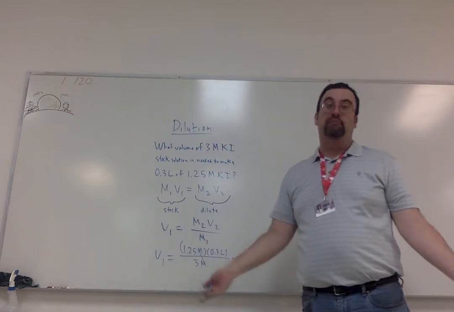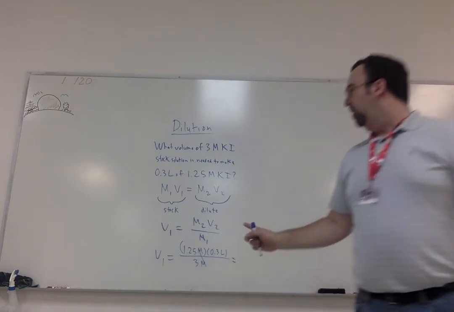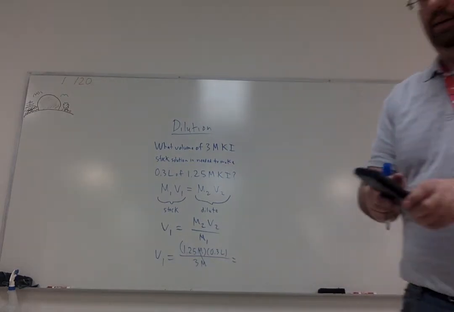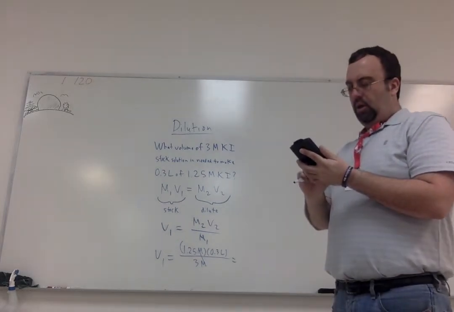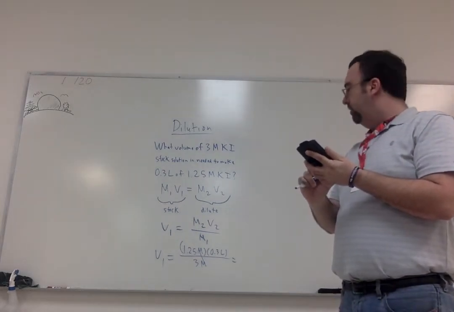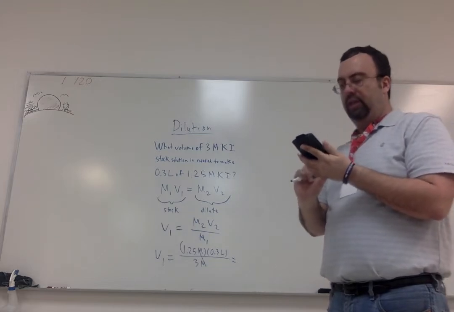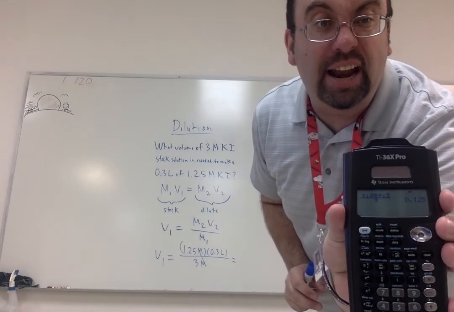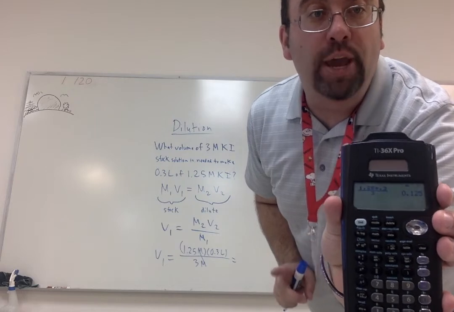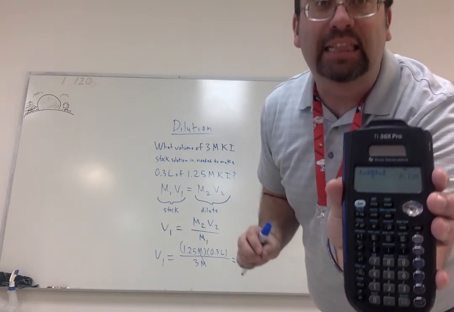So the units do in fact balance out. We're going to take 1.25 times 0.3 and divide that by 3. When we do that, we end up getting 0.125 liters.